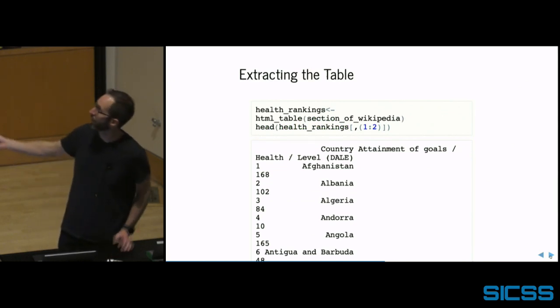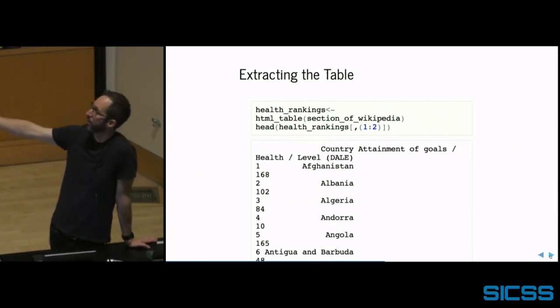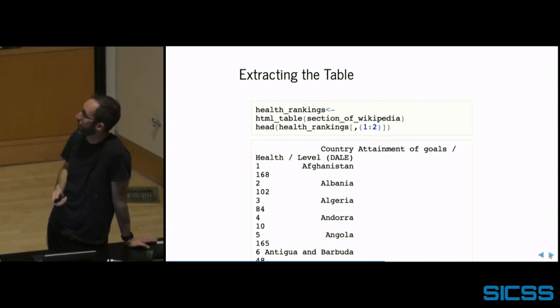Lastly, once we're in the right branch, then we can use one of the functions within rvest. Rvest has an html_table function, which allows us to pull out any tables in one node or branch of the HTML. And so I've used that here to create a new object called health rankings. And in this last line of code, I'm simply browsing the first two columns, which describe one of the health indicators and the country.